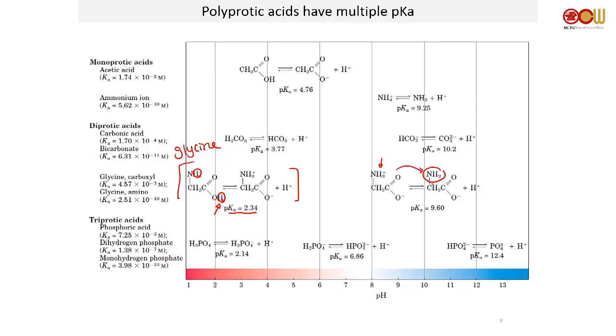A different example would be triprotic acids, also a part of polyprotic acids. That is H3PO4. Obviously you can see how there are 3 hydrogens there that you can remove as protons. Each of those protons will have their own pKa.